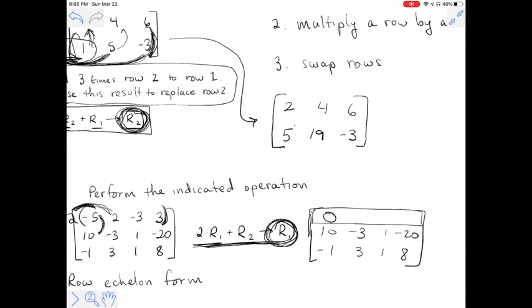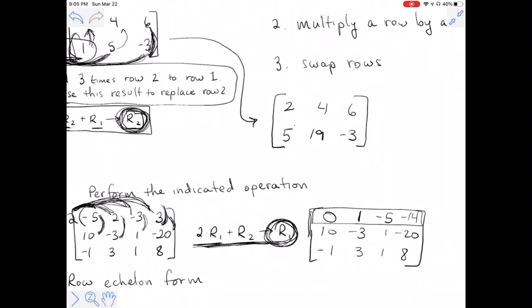Now here, 2 times 2 is 4, and then 4 plus negative 3 is 1. And then here, 2 times negative 3 is negative 6, and then negative 6 plus 1 is negative 5. And finally, 2 times 3 here is 6, and then 6 plus negative 20 is negative 14.